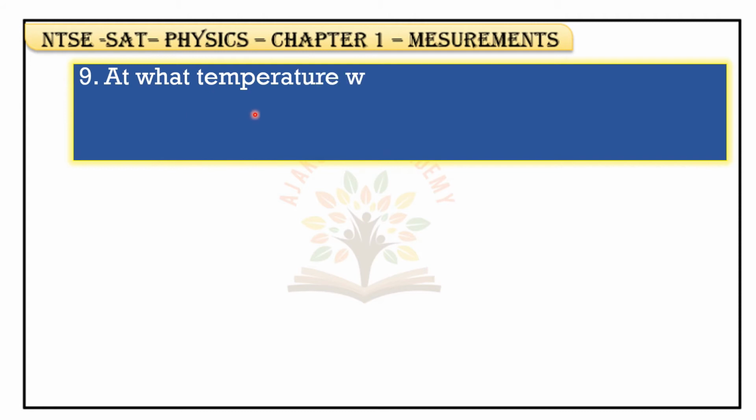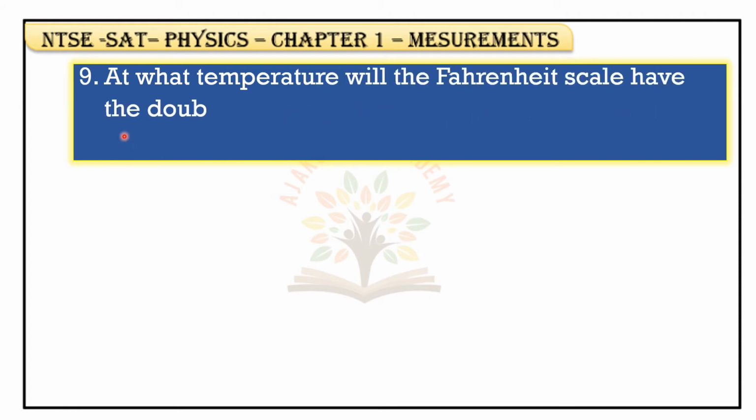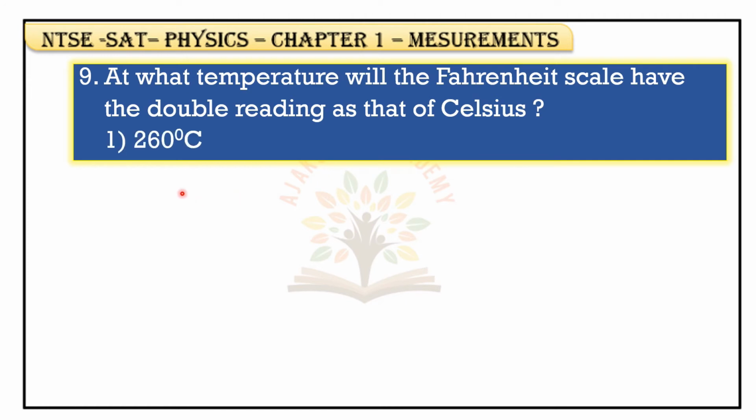At what temperature will the Fahrenheit scale have double the reading of Celsius? 260 degree centigrade, 240 degree centigrade, 160 degree centigrade, 370 degree centigrade. Now let us discuss. Here at 160 degree centigrade, the Fahrenheit scale has double the reading of Celsius.